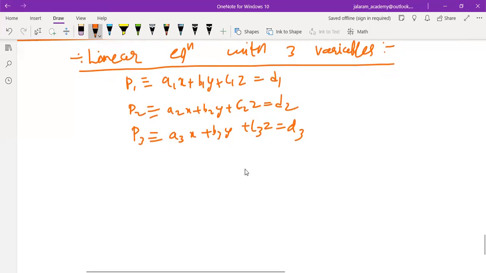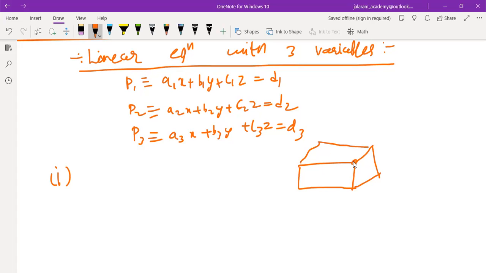We will further discuss this in the chapter on planes. In the case of a unique solution, the planes will intersect at a point, like the three walls in our room, the first, the second, and the roof intersecting at this point. This is possible only when the determinant of A is non-zero.